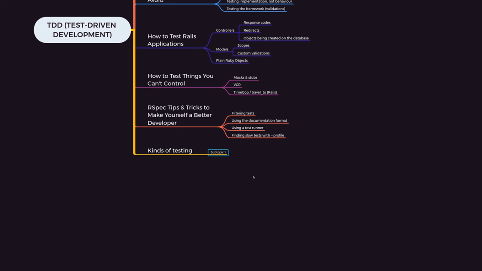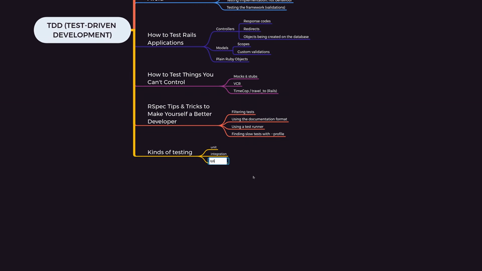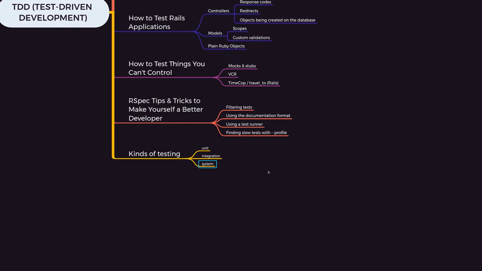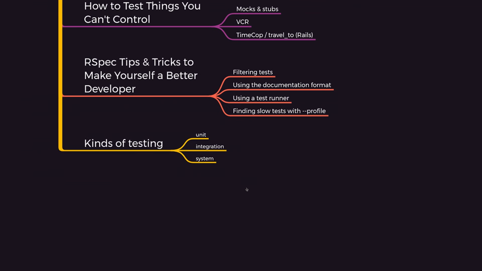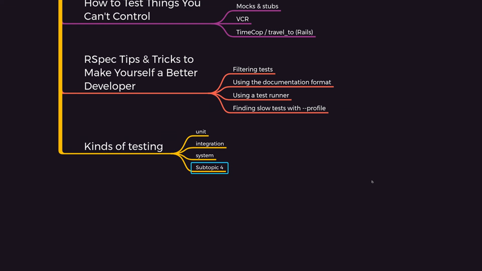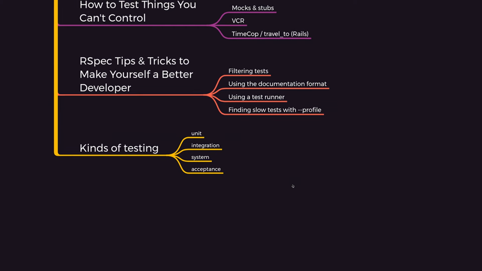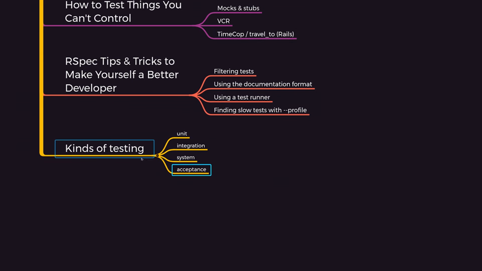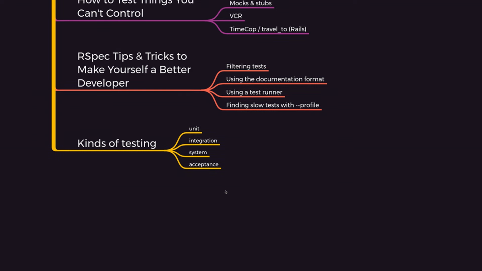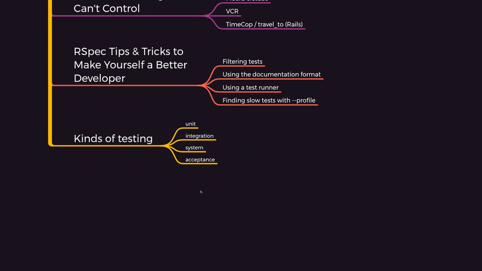So the kinds of tests, we have unit tests, we have integration tests, we have system tests, which is different than integration tests. We have acceptance tests. So there are these different kinds of tests. So let's go over a bit about the differences. You don't have to have all of them.